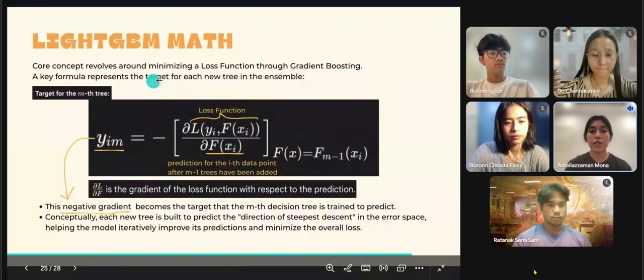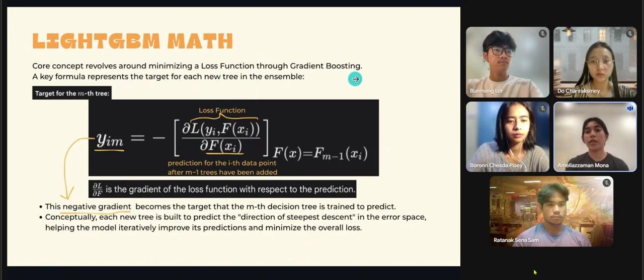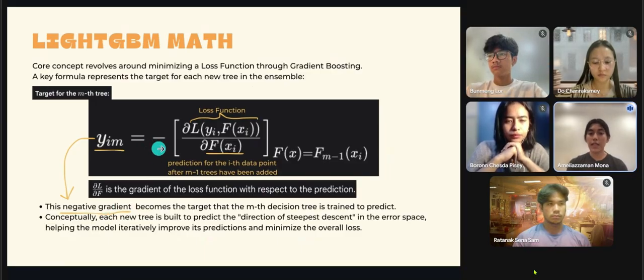The next math is for the LightGBM math. The core concept is also around minimizing a loss function through gradient boosting. And this is the key formula, which is the target for the M-th tree. Here y_im is the negative gradient, and it's negative because of the minus sign, and this refers to the first derivative, or the gradient, of the loss function with respect to the prediction.